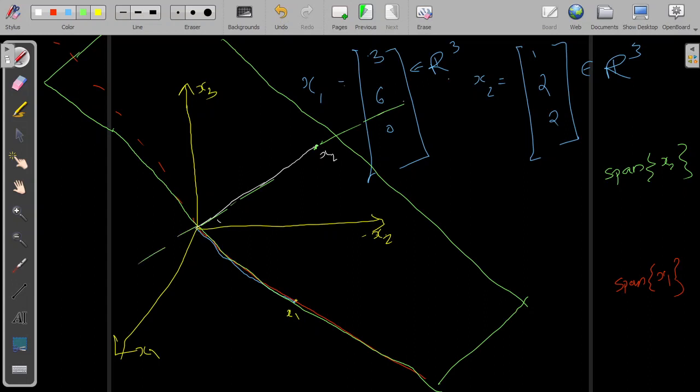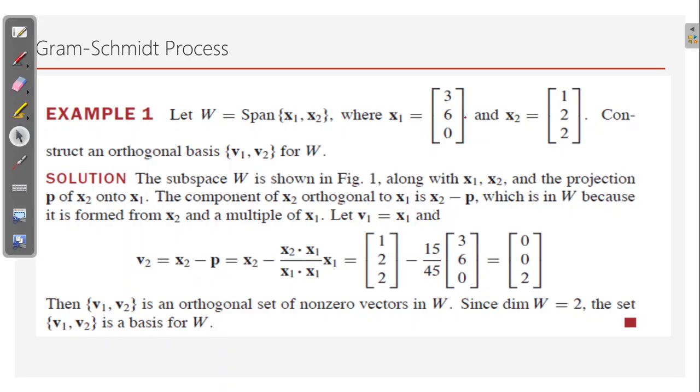So w will be a plane containing these two straight lines, extending from minus infinity to plus infinity. So it will be the w plane. So w is the subspace. I hope that you can visualize that, right?